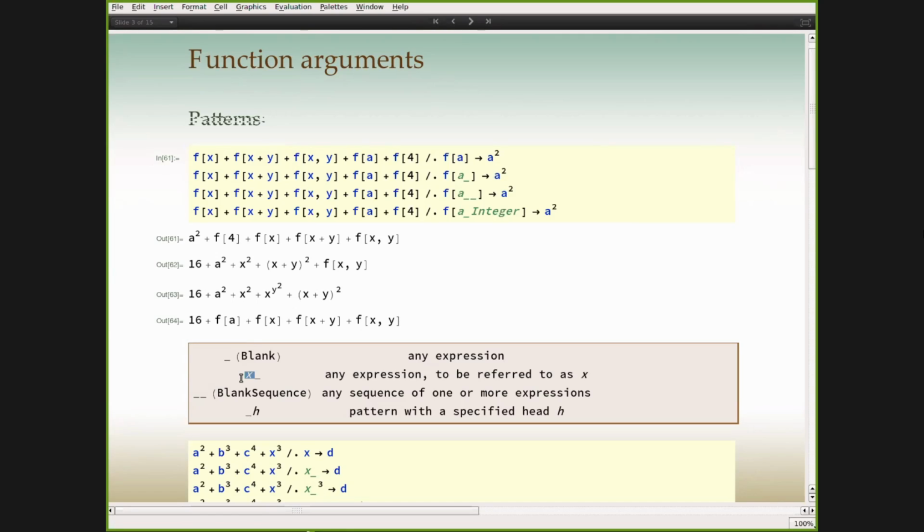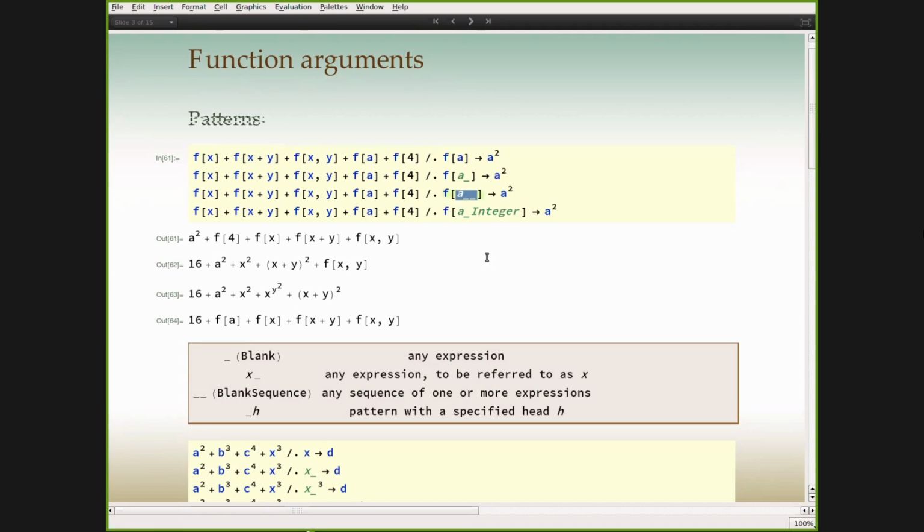Of course, the name can be longer. This is just the regular name, like you apply to variables. And when you have this double underscore, what is called the blank sequence, it means that there can be a sequence of one or more expressions. There has to be at least one expression.